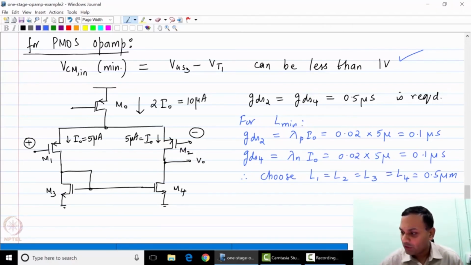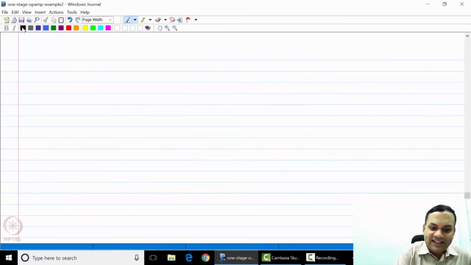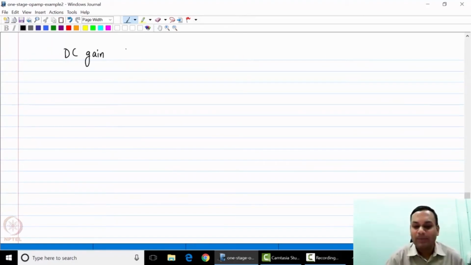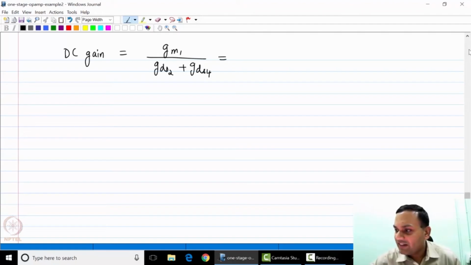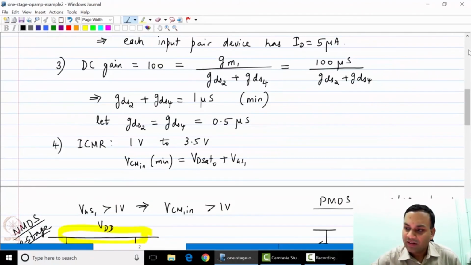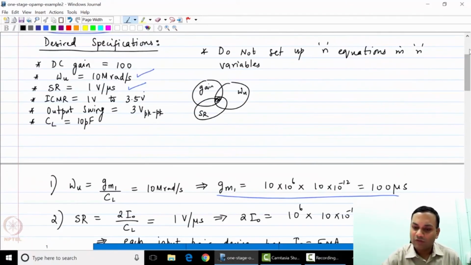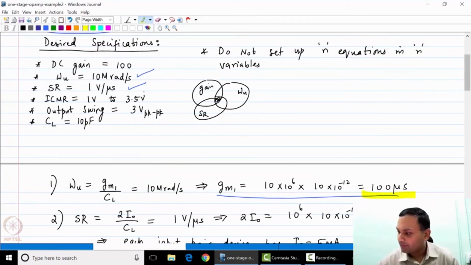Now you can see that the DC gain is larger than expected. DC gain is GM1 by GDS2 plus GDS4. As we have seen earlier, the value of GM1 was determined to be 100 microsiemens.